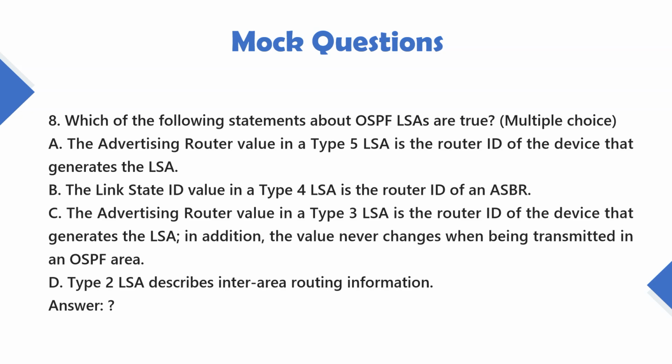C. The advertising router value in a Type 3 LSA is the router ID of the device that generates the LSA. In addition, the value never changes when being transmitted in an OSPF area. D. Type 2 LSA describes inter-area routing information.